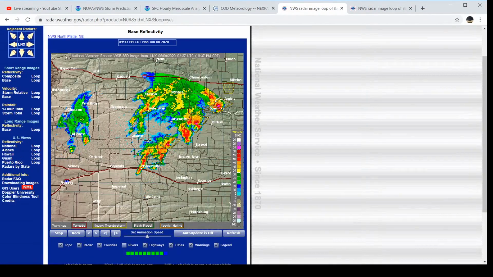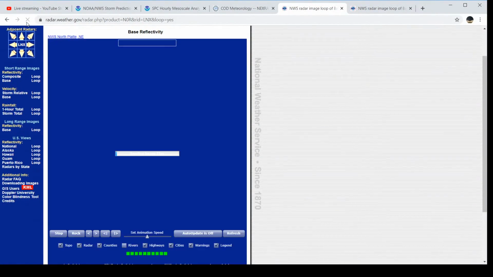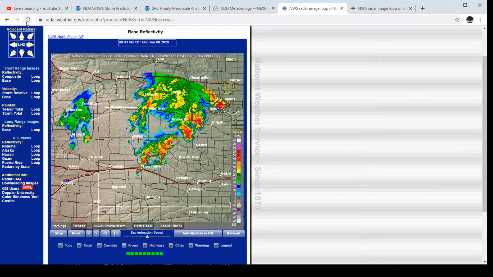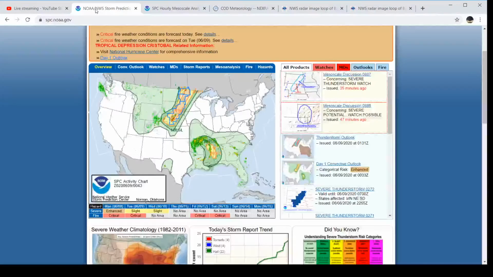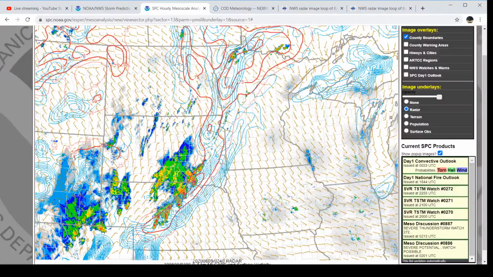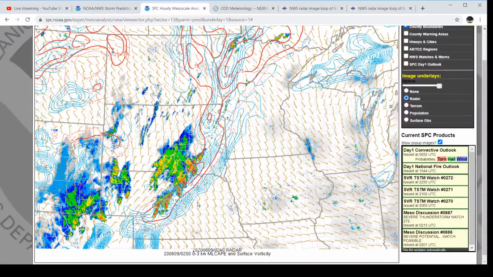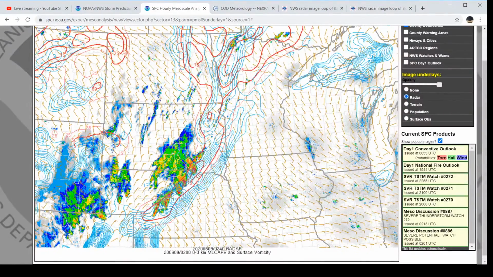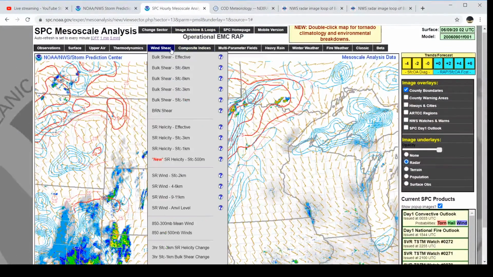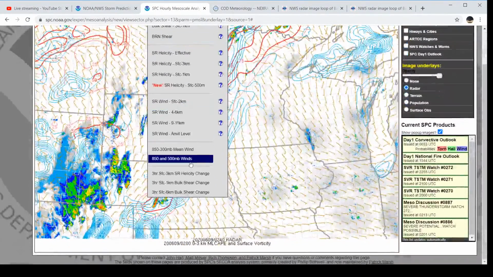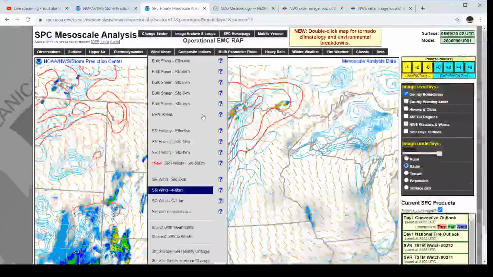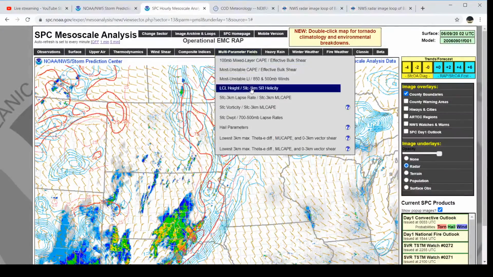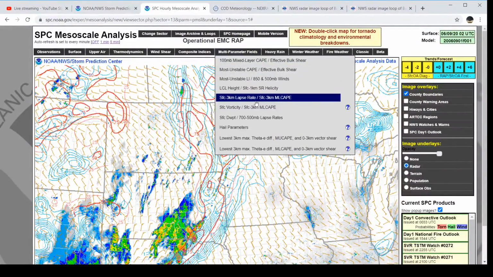That was the storm I was not expecting to go tornado warned. I thought the LCL heights were too high, but then again, that's why we learn. But when you look at this, our surface vorticity and mixed layer CAPE is really high right here. So that makes sense, according to the thing I read. I'll show you what I was looking at. See this one, surface vorticity.